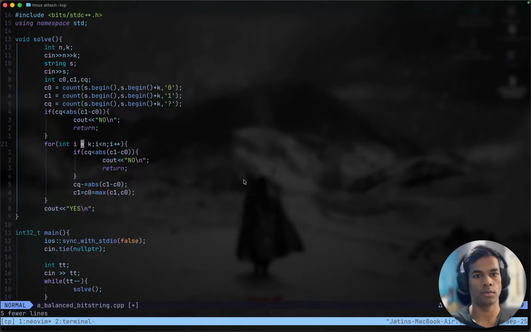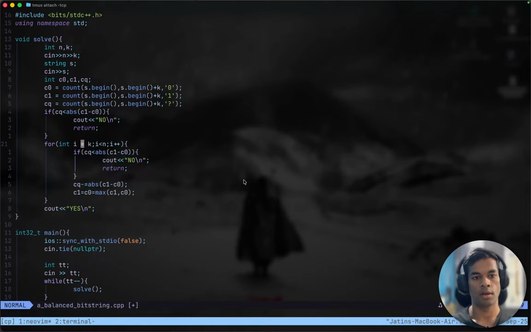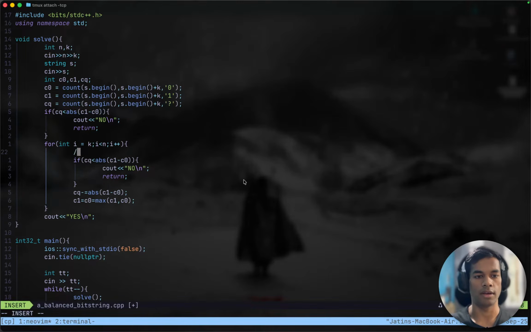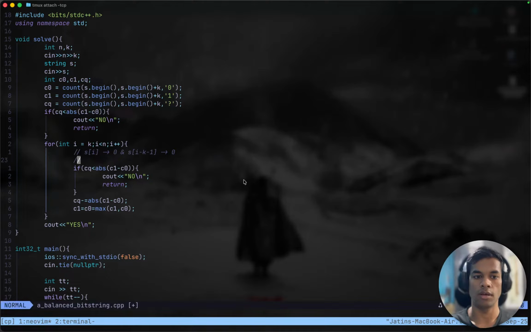Now, what is the current thing at the current position? Let's say the current thing is of course Si, and if it is 0 and the thing that we are leaving behind, which is Si minus K minus 1, if that thing is also 0, then we lost 1 0 and gained 1 0.